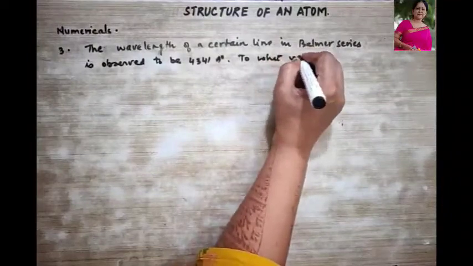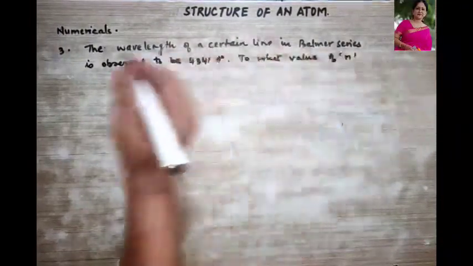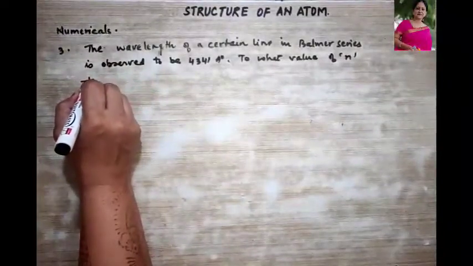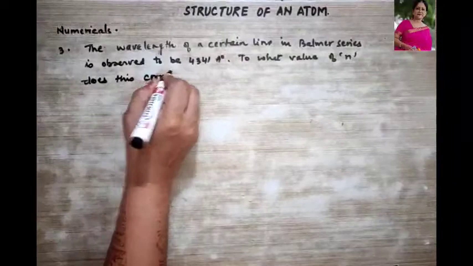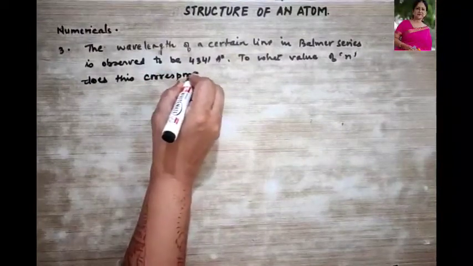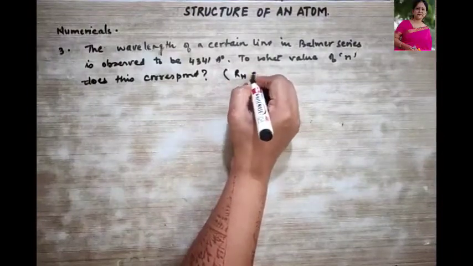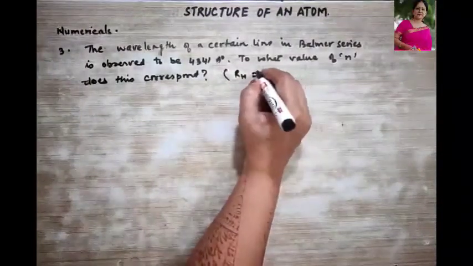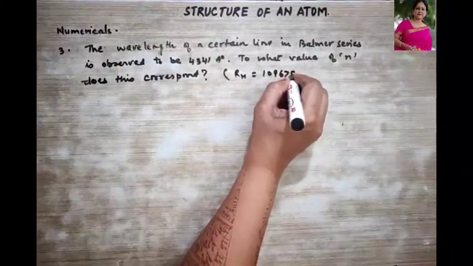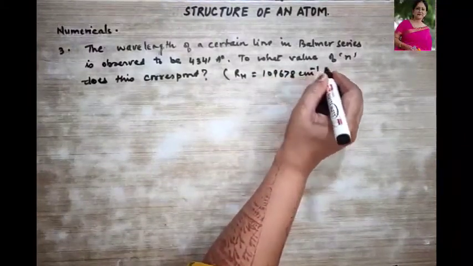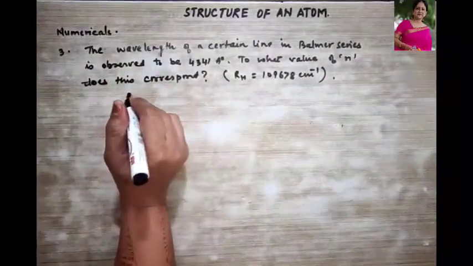To what value of n does this correspond? Where it gives RH is equal to, do you remember the value of it? It is 109678 per centimeter. So now, how are we going to solve this?